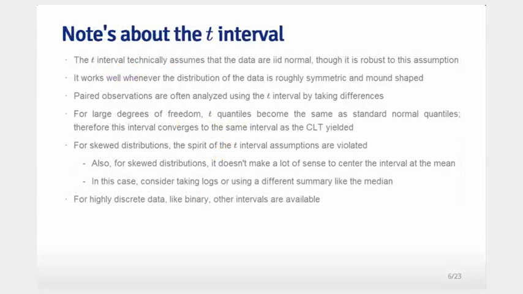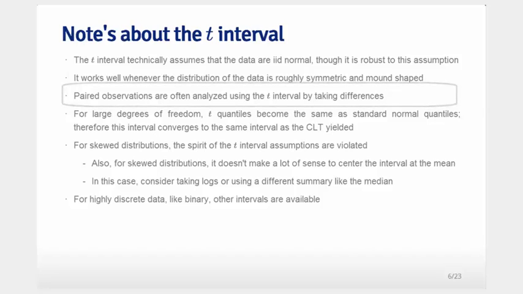Let's go through a couple notes about the t-interval. So the t-interval technically assumes that the data are IID normal, though it's very robust to this assumption. Basically, whenever the distribution is roughly symmetric and mound-shaped, the t-interval will work fairly well.